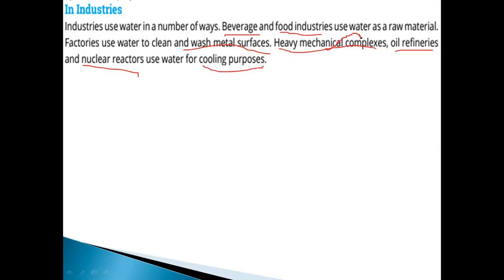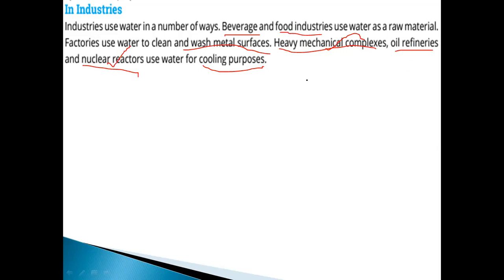Heavy mechanical complexes are where lots of machineries are made. Oil refineries are where crude oil is refined into different products like gasoline, petrol, diesel, etc. And nuclear reactors are where nuclear explosives are formed.